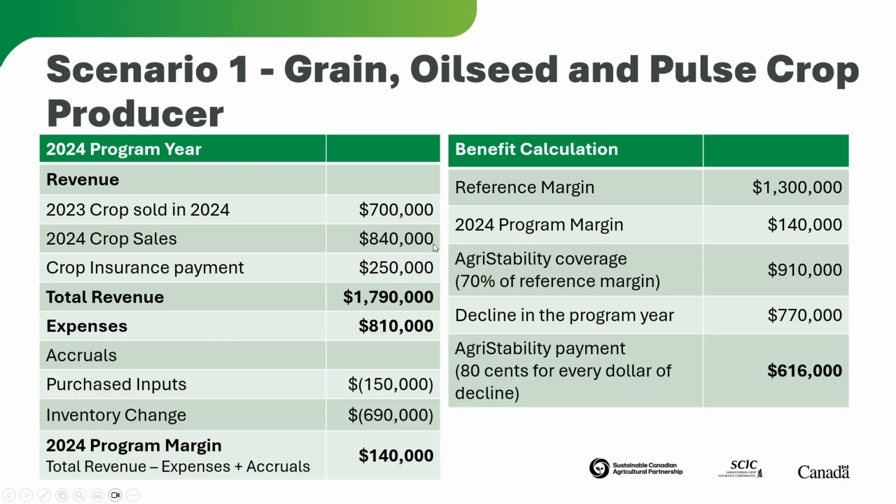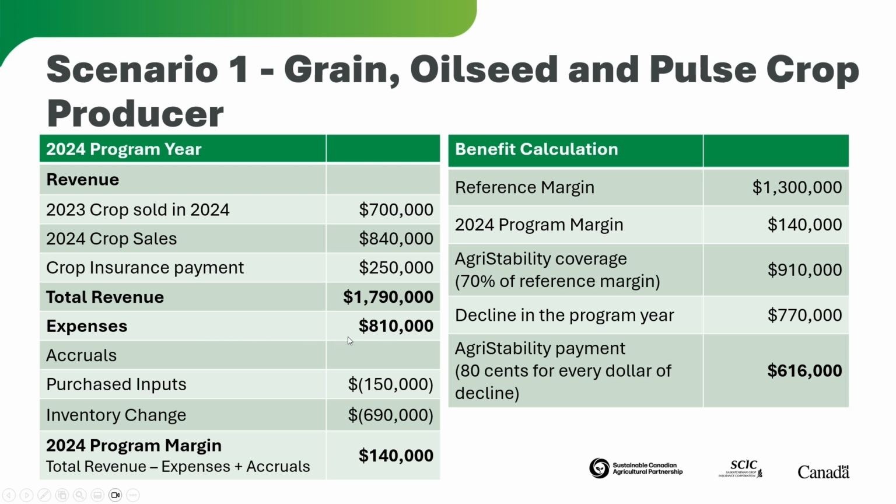So just walking through the calculation here, the chart on the left is specific to the program year. He had some carryover crop from 2023 that he sold in 2024, $700,000 worth, and then he also sold some crop from the 2024 crop year, 840 grand. 250,000 for his crop insurance payment, so total revenue comes in at 1.79 million.